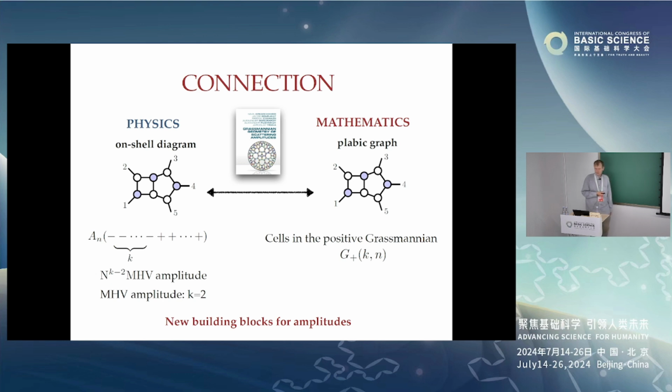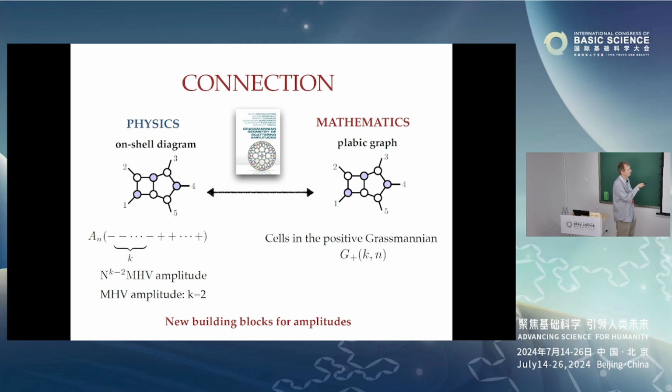But there is a connection to physics. First, the same graphs, these Plabic graphs, appear in physics as on-shell diagrams, and they have several meanings in physics. One of them is that they correspond to cuts of loop amplitudes. This diagram is a certain cut of the two-loop 5-point amplitude that you see.